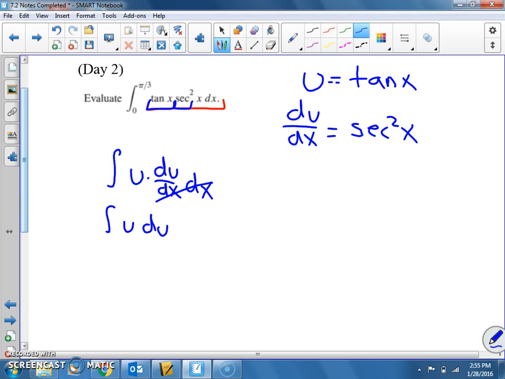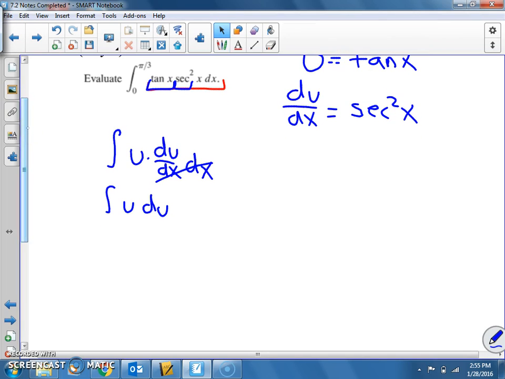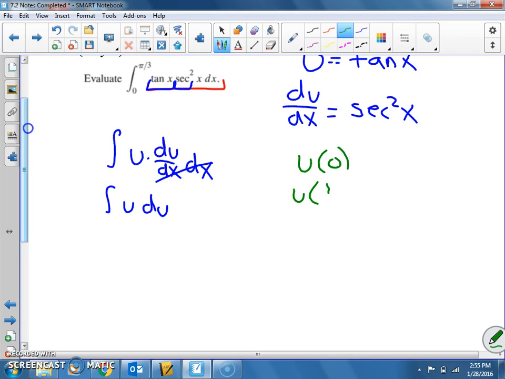That's what I would do. We're going to take the 0 and the pi over 3, and we're going to take u of 0 and u of pi over 3. And that's what's going to go in our limits. So we're going to look at the tangent of 0 and the tangent of pi over 3. Separately here, I need to look at the u of 0 and u of pi over 3.